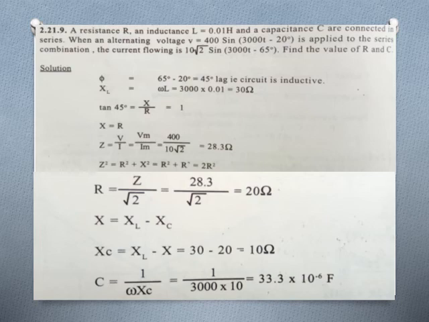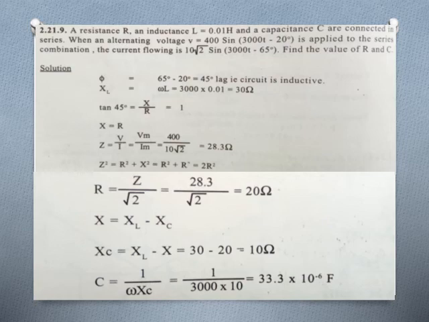Okay. Now after understanding that it is inductive in nature, you can calculate the magnitude of XL. XL is L omega. So L value is given as 0.01 and omega is given as 3000 from the equations of voltage and current. So you get it as 30 ohm. Now take the tan 45 degree, that is phi, that we have already calculated.